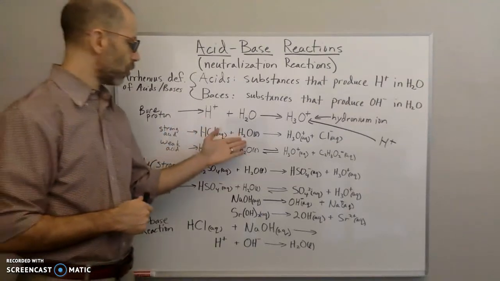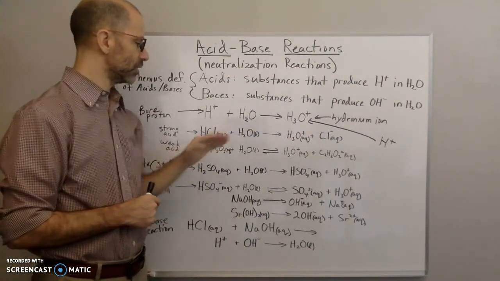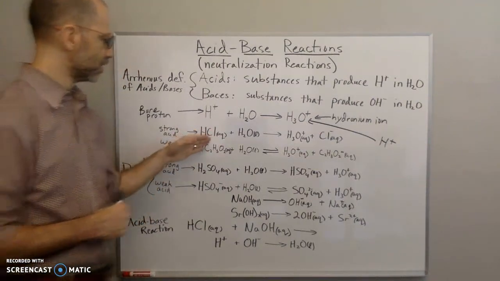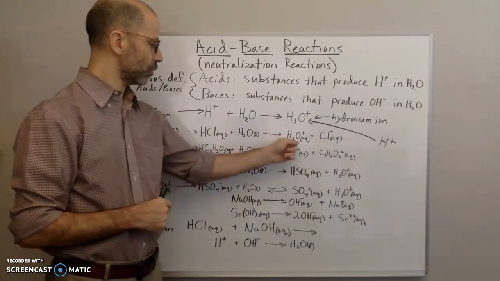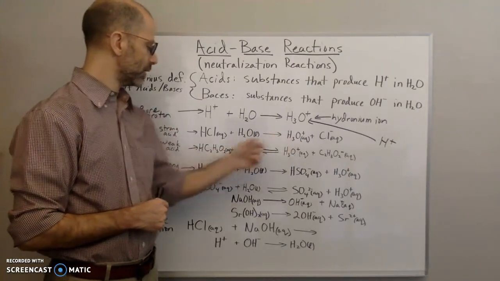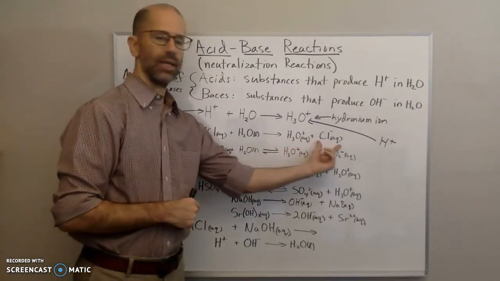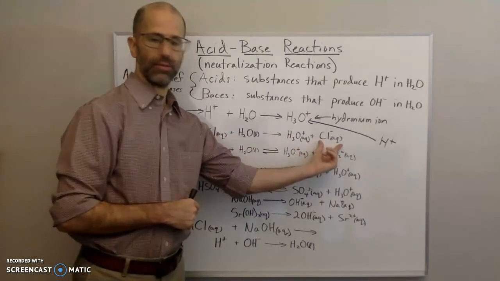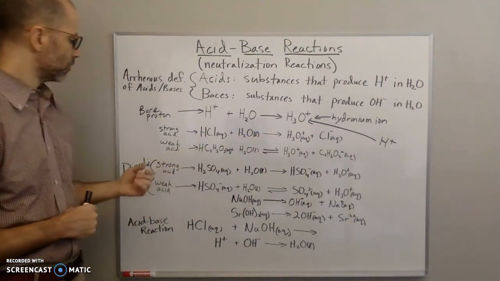When you add that to water, it's all going to separate, so the arrow is pointing only in this direction. The hydrogen is going to come off and be joined with water, so you get H3O plus, the hydronium ion, and then you get the anion left over, the chloride ion. So that's a strong acid.